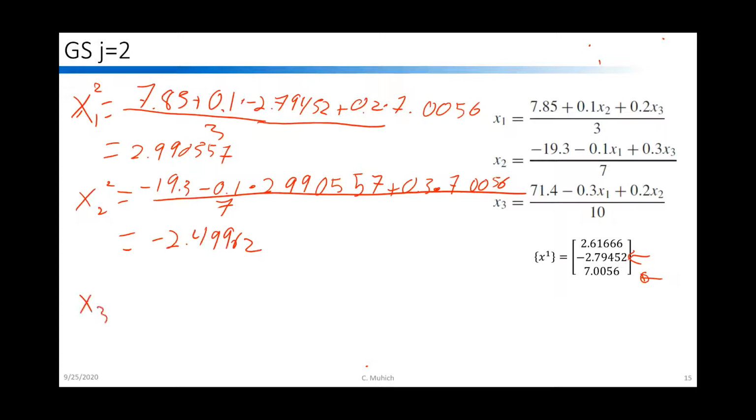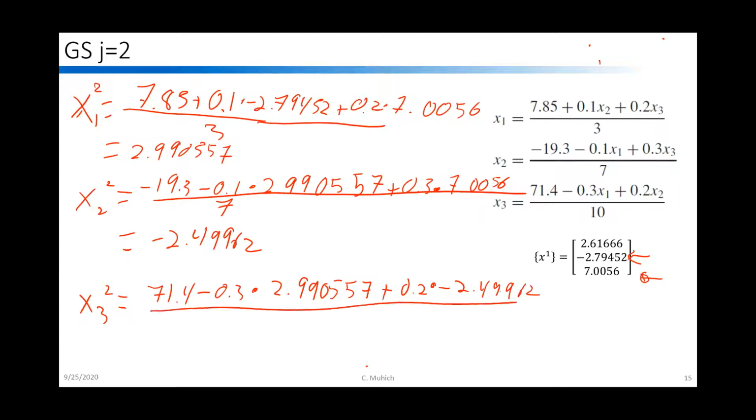And then we can come back and get our last value for x3 using our new values for x1 and our new value for x2. Which will give us our new estimate for x3, which is 7.000291.